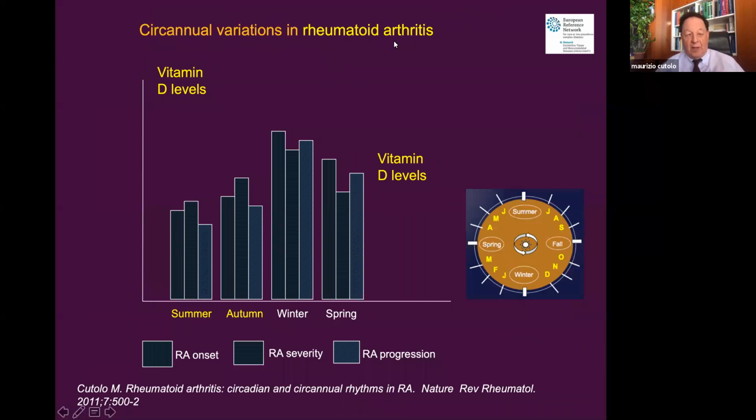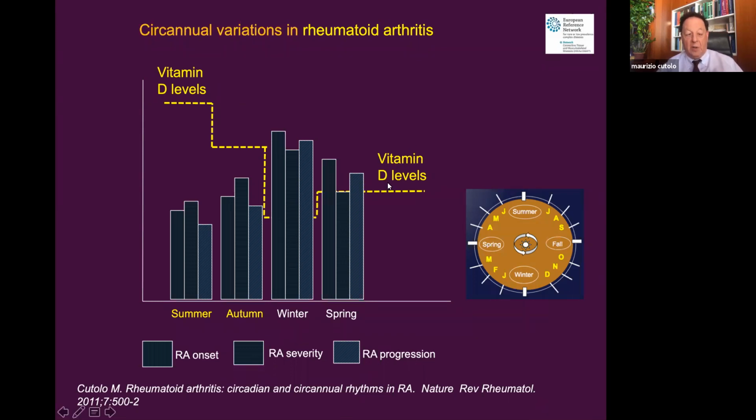In rheumatoid arthritis, this very interesting study was produced by a French committee. They went to see the onset of rheumatoid arthritis. Was it in summer, in autumn, in winter, or spring, and they analyzed the severity of rheumatoid arthritis and the progression of rheumatoid arthritis and the level of erosions and the damage. The severity of rheumatoid arthritis was much higher in patients that started the disease in winter.